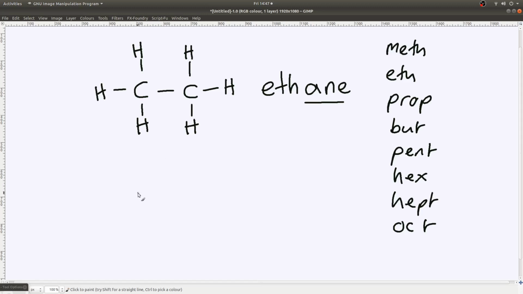If we look at another molecule though, here we could draw out an alkene, which we also mentioned last week, and here we've got an alkene with 3 carbons in.